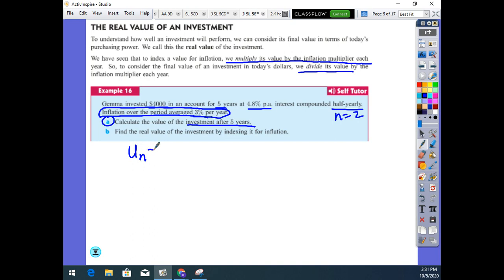So U sub n equals the amount we invested times 1 plus the interest rate as a decimal divided by half yearly 2, raised to the 5 years twice a year. 5 times 2, that's 10 times it will be compounded.